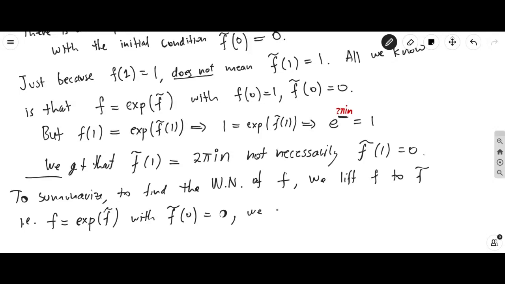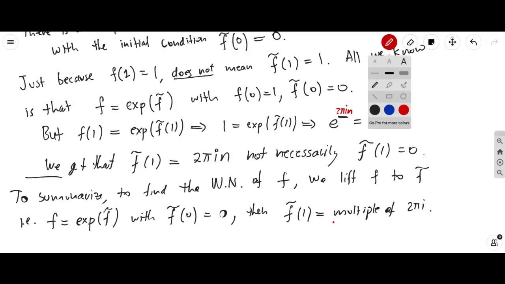And then it will follow that f tilde of 1 would be a multiple of 2 pi i. And whatever multiple that is, is what we call the winding number. So this is how you can end up defining the winding number. It will, in the end, tell you how many times you wind around.